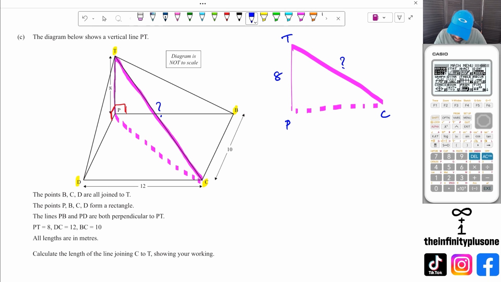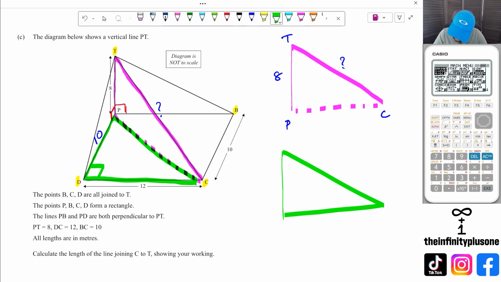And to figure out what PC is, we're going to use the right angle triangle along here. So notice how, even though it looks sideways, that's a right angle triangle there, where we've got DC is equal to 12, and then 10 is PD. So I'm going to take the green triangle now, and sketch it out here.